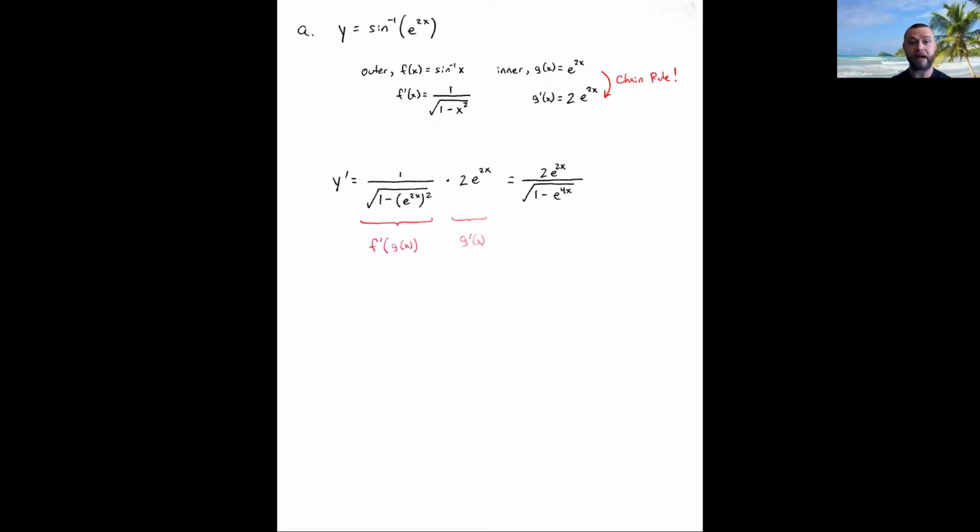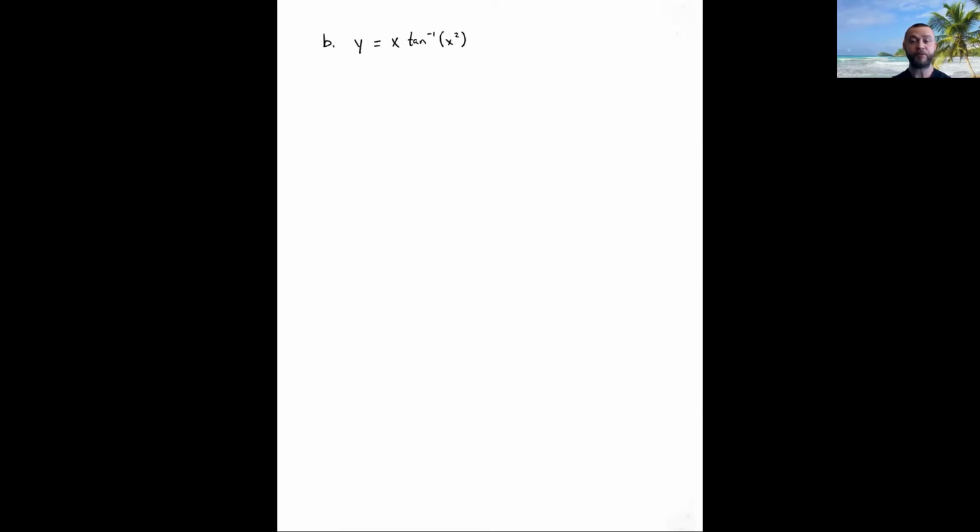All right, let's move on to our last example, part B. This one is probably the trickiest within all the examples for these two videos. This one's going to involve the product rule, since we're multiplying there. And then it's also going to involve the chain rule, but with now our new formulas for derivatives of inverse trig functions.